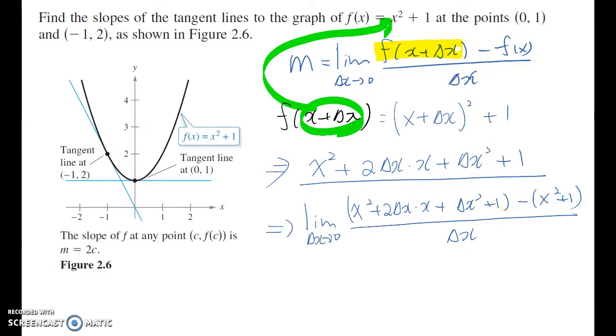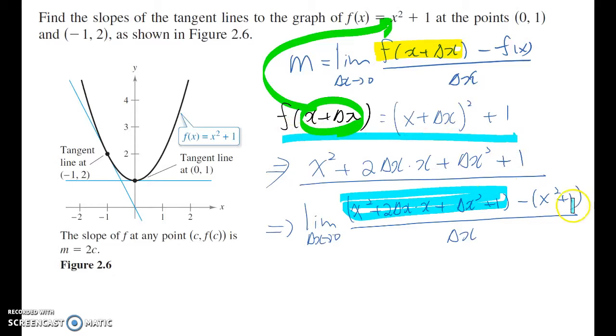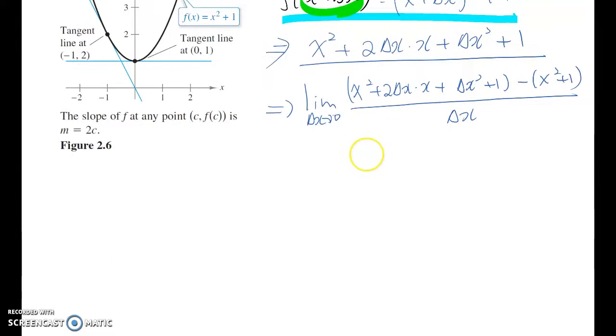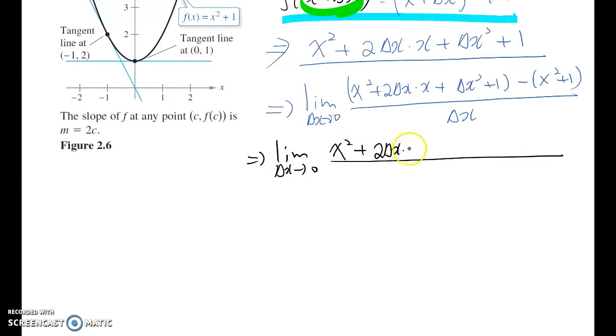So looking one more time here, this is what we have found through here, and this one is the original f(x) here. Good. So I plug those two values into the function. Now we open the parentheses, then the limit as delta x moves to 0 of x squared plus 2x delta x plus delta x squared plus 1 minus x squared minus 1 over delta x.